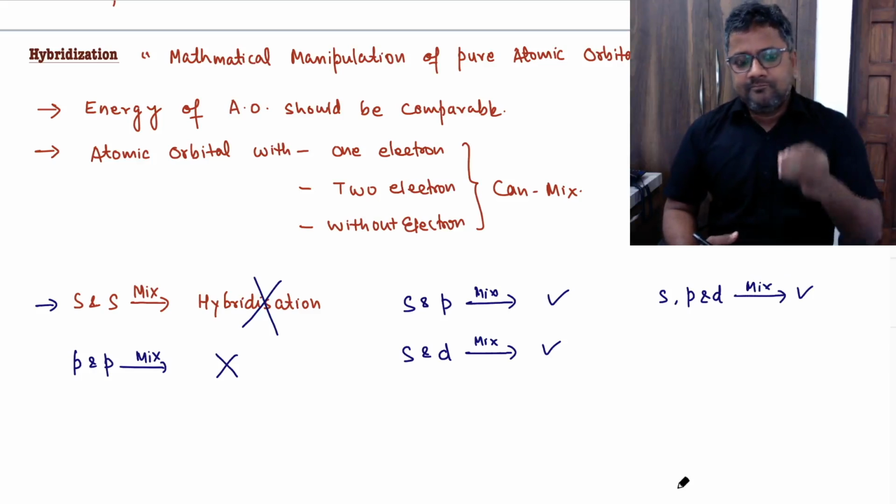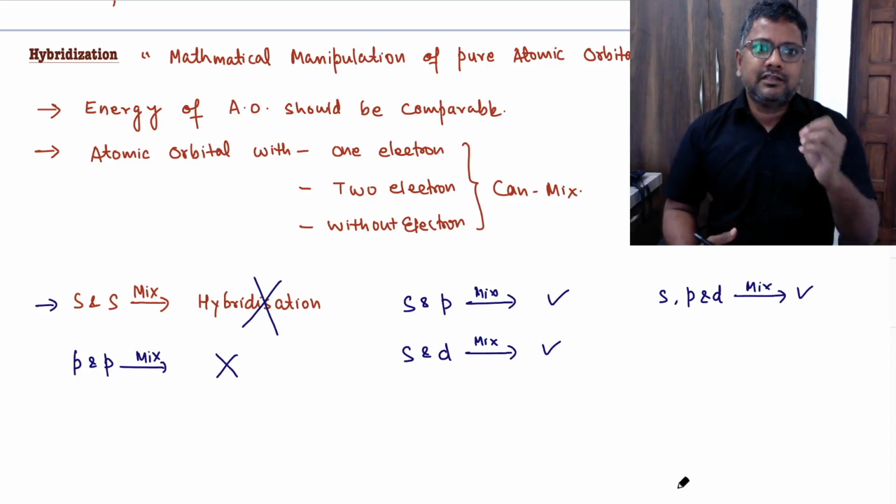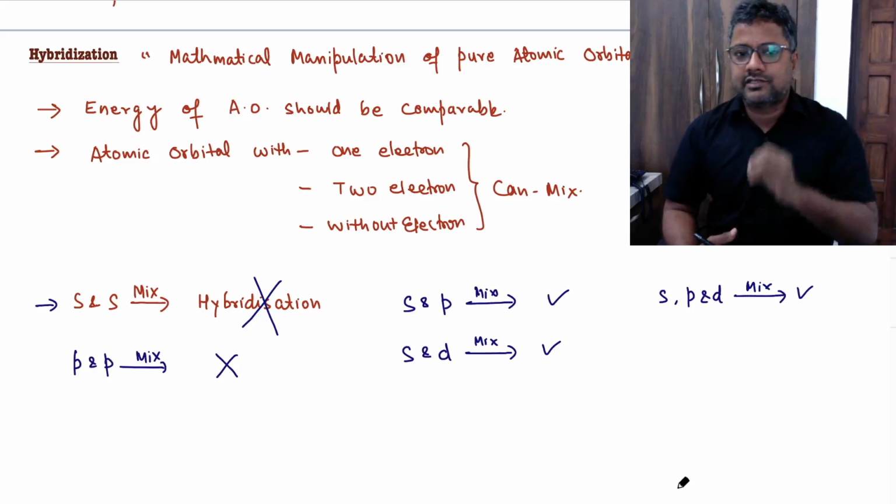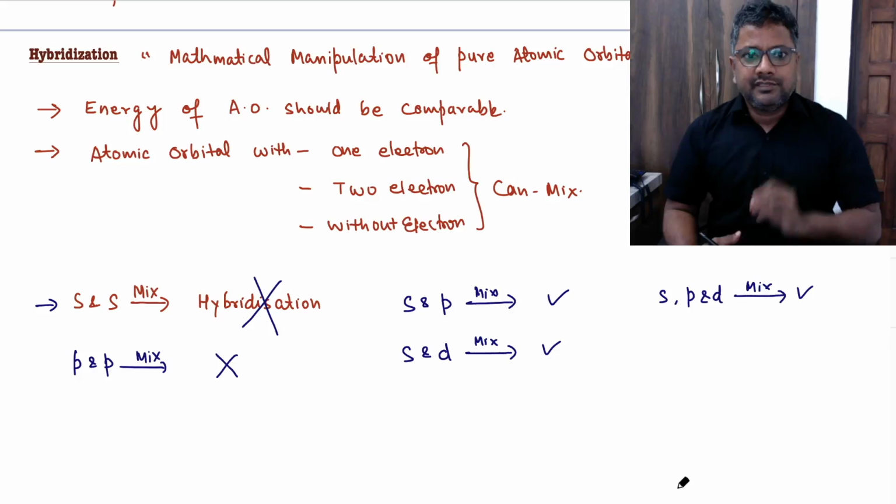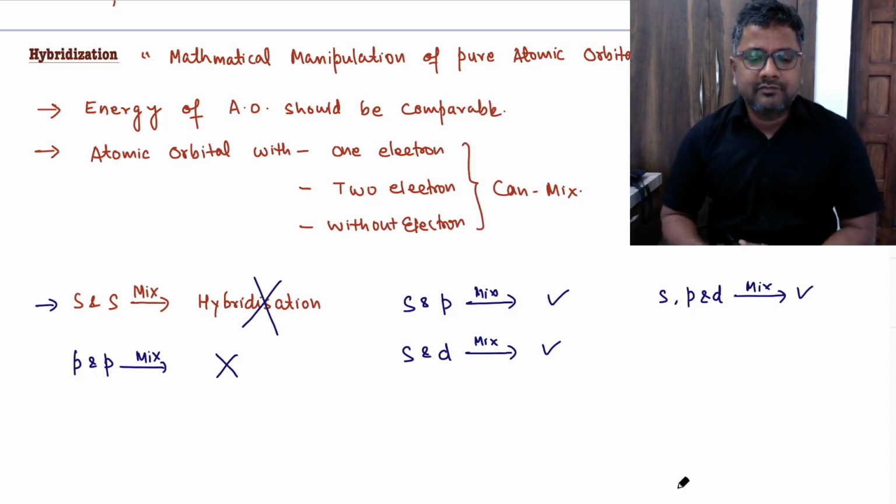See, each and every s orbital has some identity. Like s orbital is non-directional and it is spherical in nature. Only the principal quantum number is required to define this.